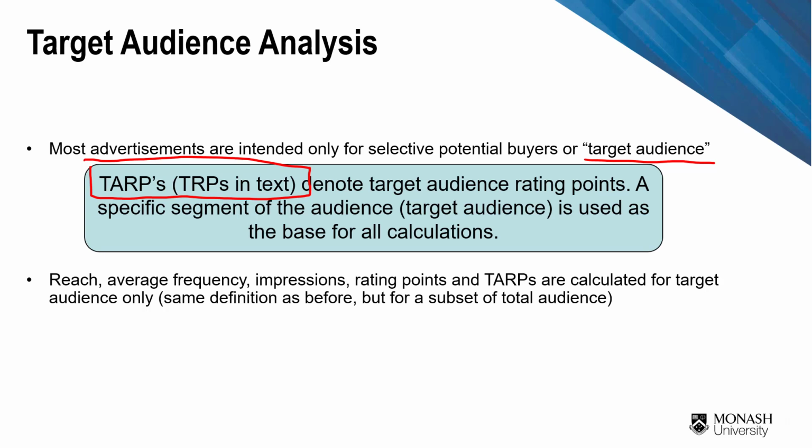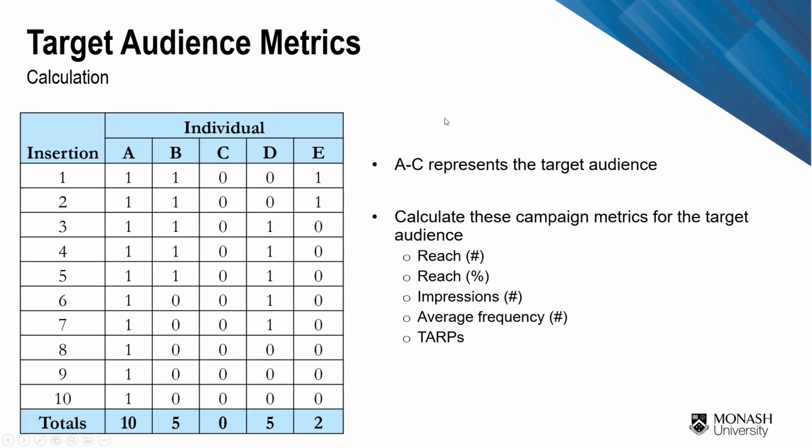Let me show you an example. In here, they said that individuals A to C represent the target audience. You can see that there are 5 people here, but your target audience, or those people who are actually going to buy your product, are from these particular segments: individual A, individual B, and individual C. We need to calculate the campaign in terms of reach and impression and all of these things.